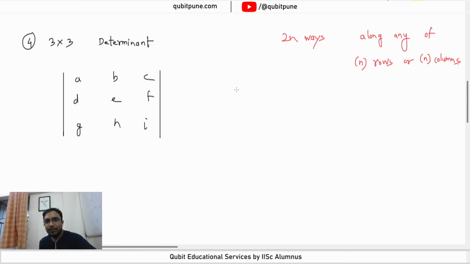So suppose we want to expand the determinant along the ith row. So what will I do? I will take every element in the ith row, ai1, ai2, ai3 up to ain, and multiply it by the corresponding, not minus but cofactors.